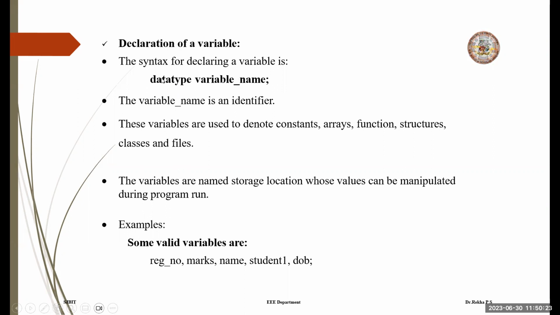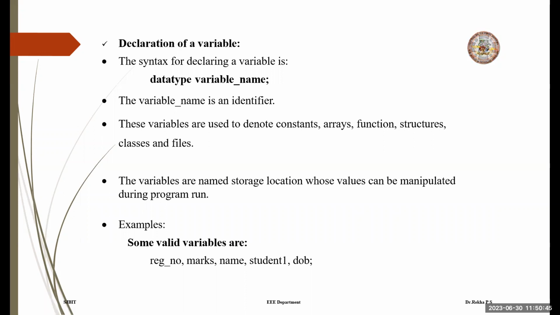The type of the variable is very important because a particular memory location is designated to save one particular type of data. If you have declared an integer variable, that memory location can store only integer data.